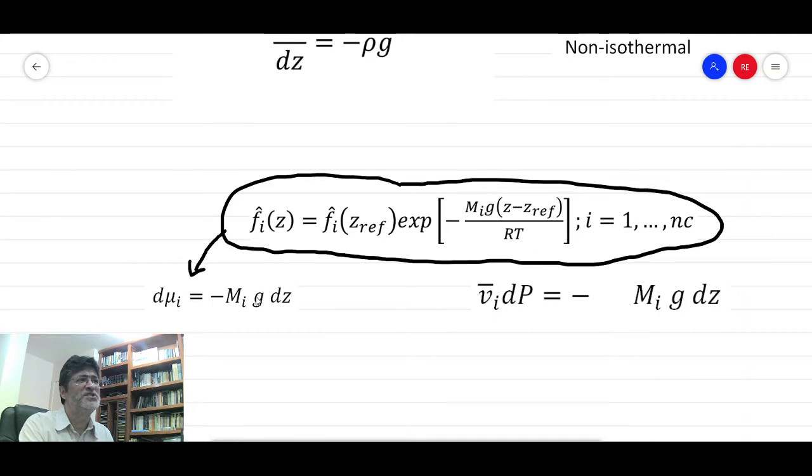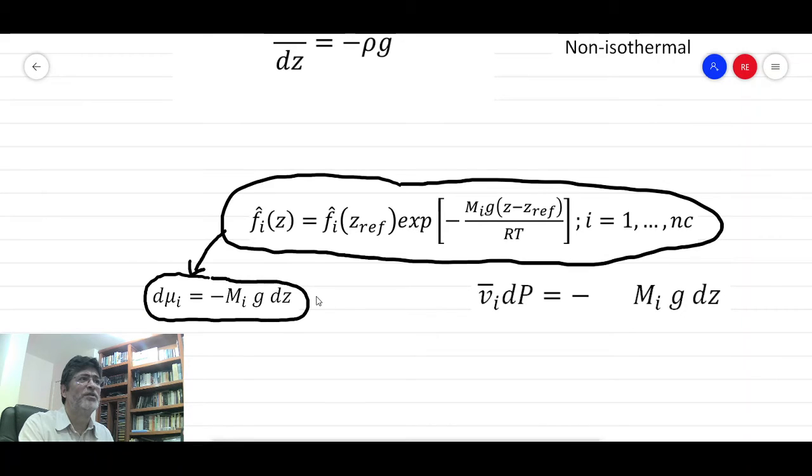When you substitute here the concept of fugacity and you integrate from the depth of reference to any other depth, you obtain this equation. So this equation here is the most important one.